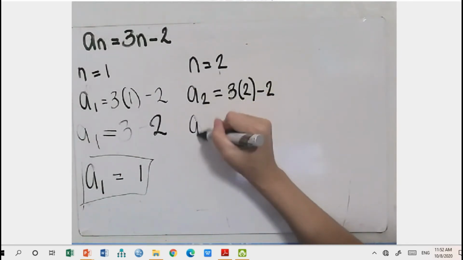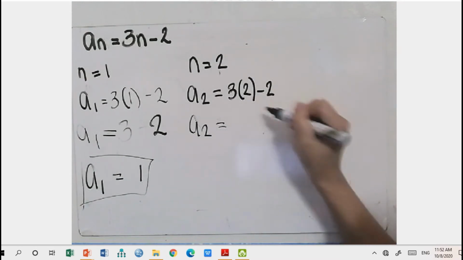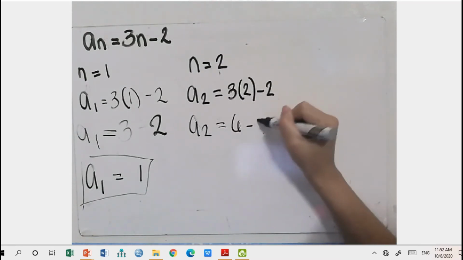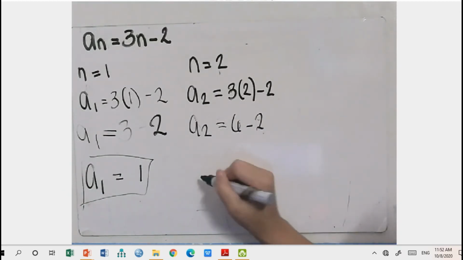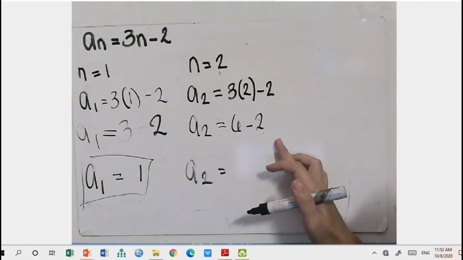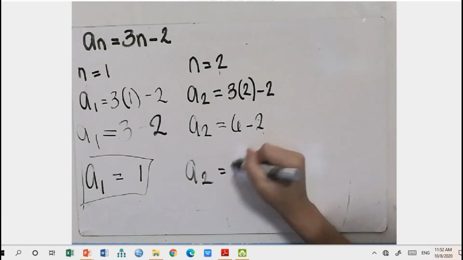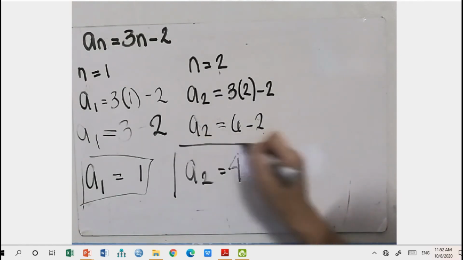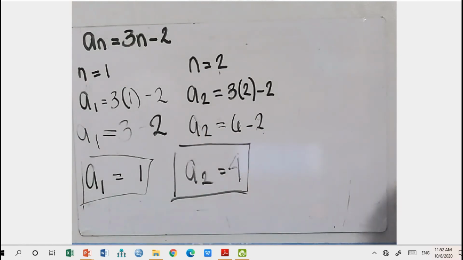So a sub 2 now is equal to 3 times 2, that is 6, minus 2. So a sub 2 is equal to 6 minus 2, that is 4. Okay, so our second term now is equal to 4.